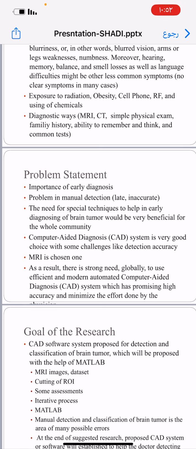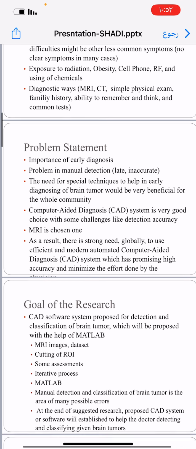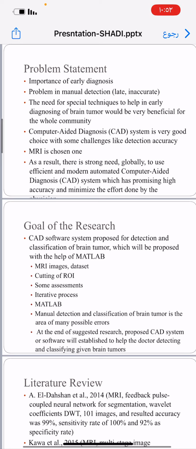As I said, there are many diagnosis ways: MRI, CT, simple physical exam, family history, but we are talking about MRI brain tumor images. So we have to make an early diagnosis as much as possible.